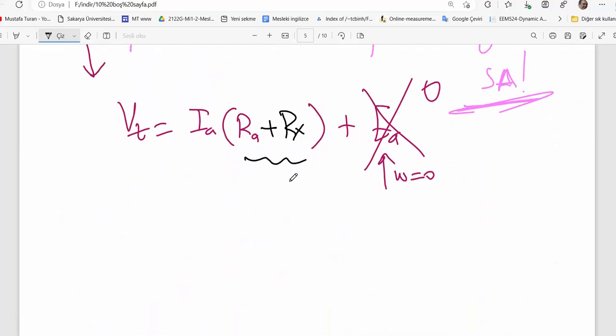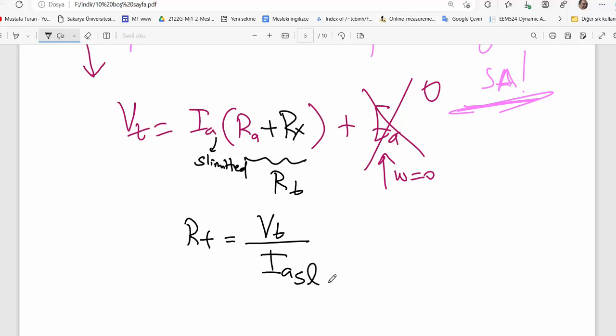Let me say that is RT, total resistance. So total resistance is equal to Vt over armature current. Let me say startup limited, SL, startup limited at 20 amps.